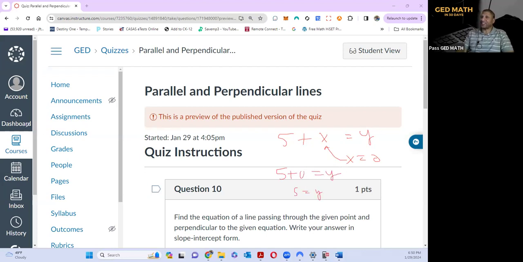It's like that 0 is not even there. But if I had 5 times x and x equals 0, if I plug that in, I'm going to get 0.